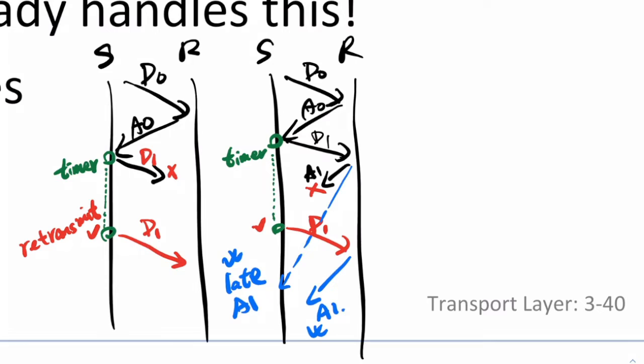For example, right here we have a late A1 and we have the retransmitted A1. So sometimes the sender will get an unexpected acknowledge packet with an unexpected number, but it is okay. We simply ignore those duplicate ACKs at the sender, which is good enough.